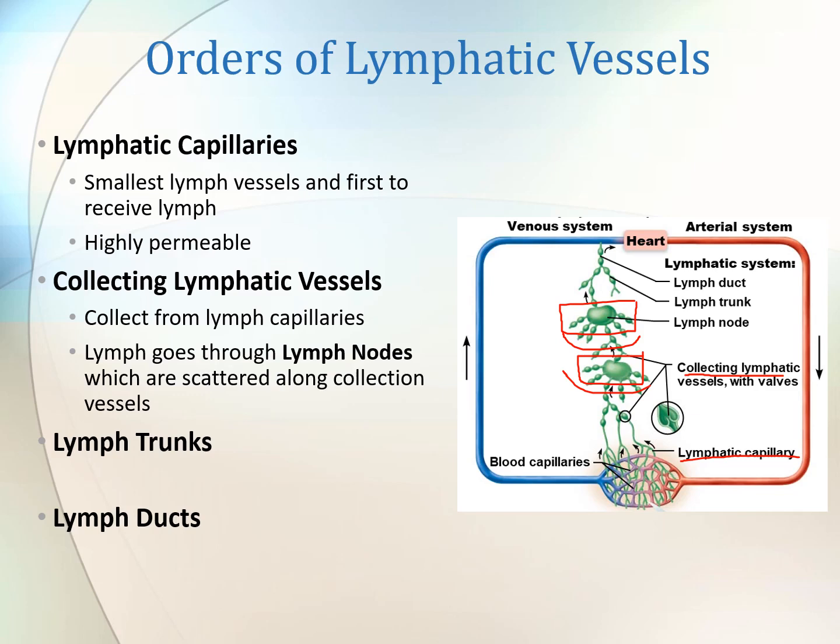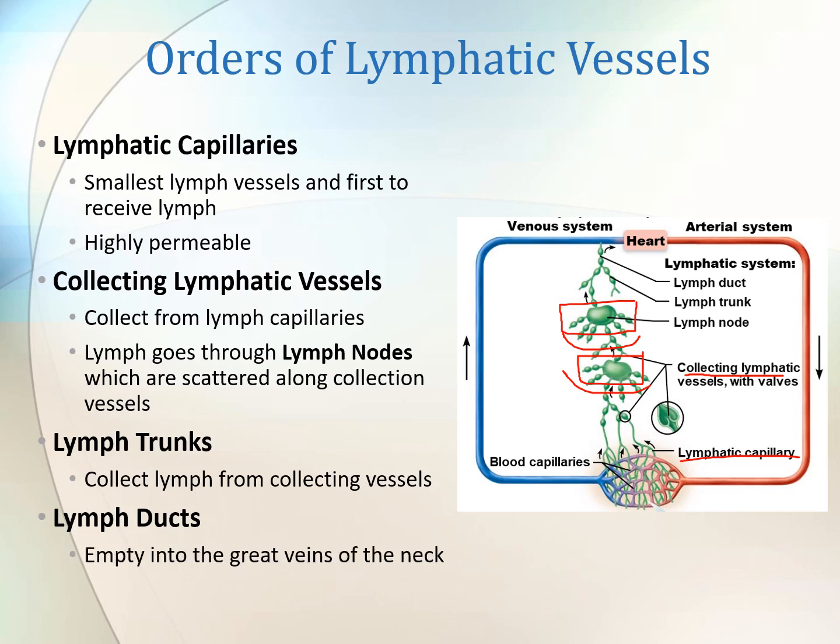Because think of the lymph node like a filter, okay? So it's going to filter that fluid, and it's going to continue. And then all of those lymphatic vessels are all going to merge into a lymphatic trunk, okay? So they're going to merge into a lymphatic trunk, and then they're all going to merge into one of two lymph ducts.